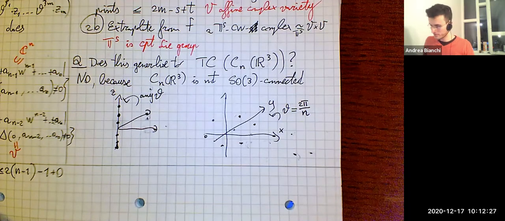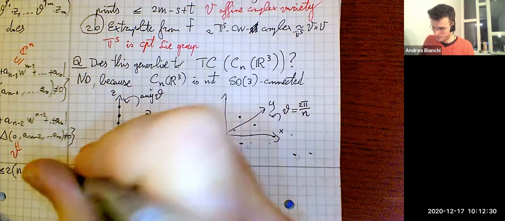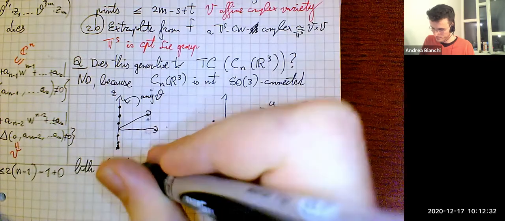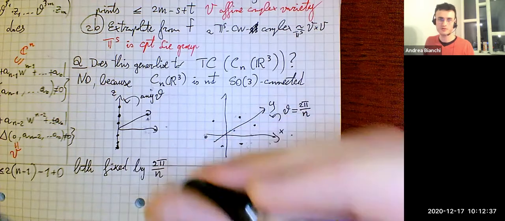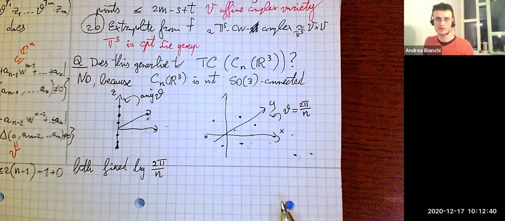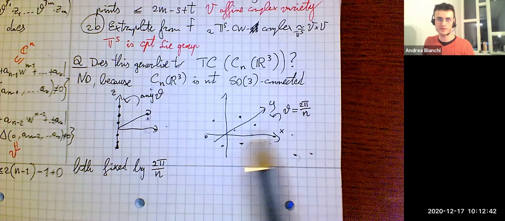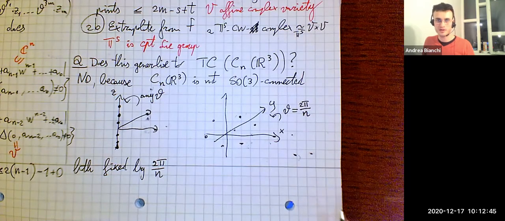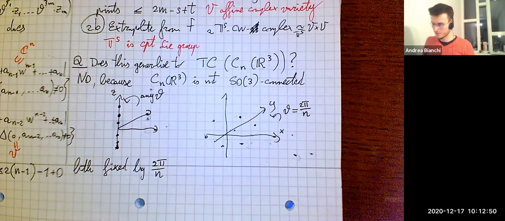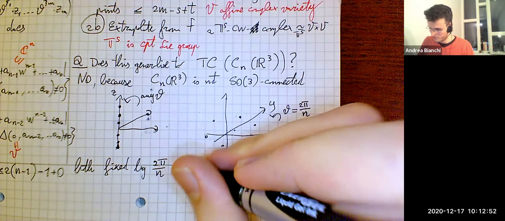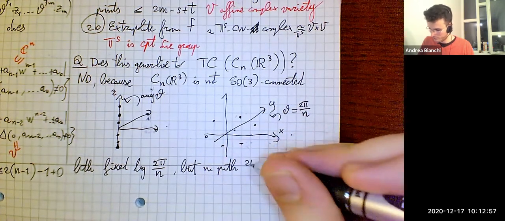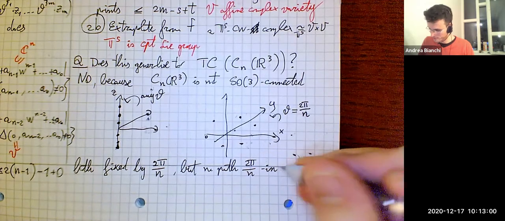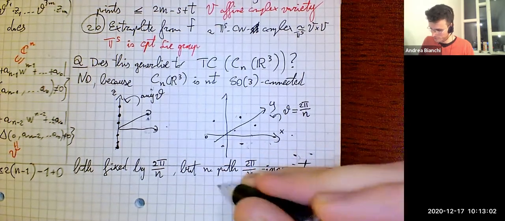Now, in particular, both are fixed by 2 pi over n by this rotation, but there is no path joining these two configurations which is fixed at all times by this rotation, no path which is 2 pi over n invariant between them.